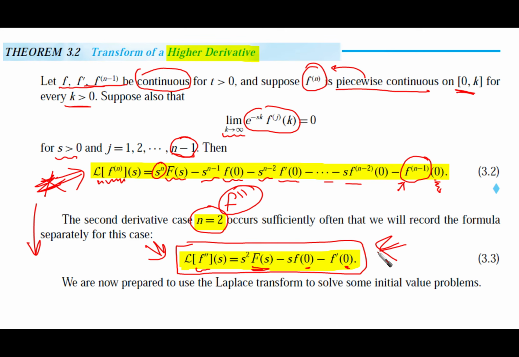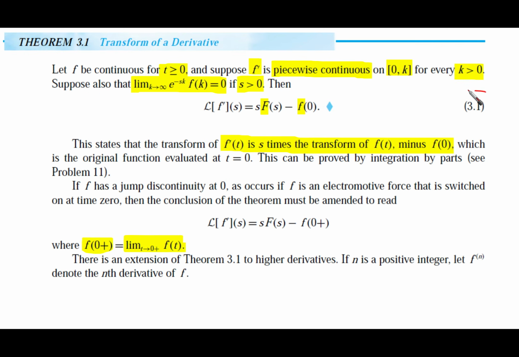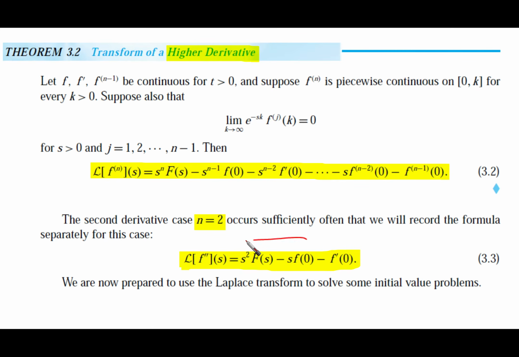This is what I want you to memorize. Remember, this is equation 3.3 in the textbook and very important, and the most important one also is 3.1. These are the two most important equations that I want you to remember when you are dealing with this part.